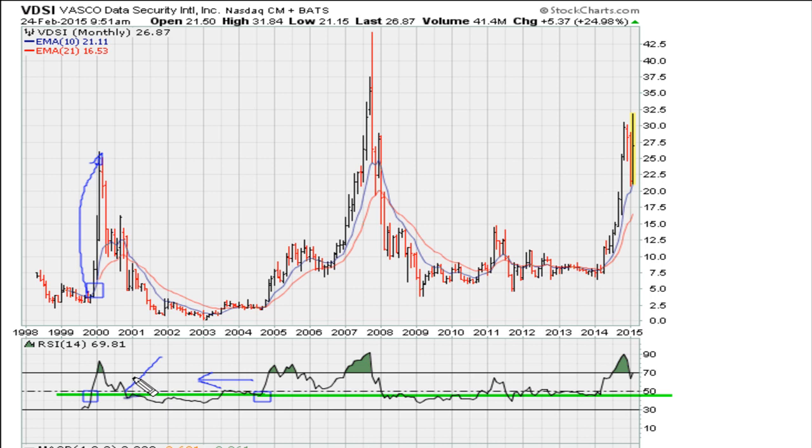We also see a break below that green line there gave you the reason to avoid the stock. There was no uniformity at that time, and it's only after the stock moved above the green line, which corresponds to the lows of 2003.